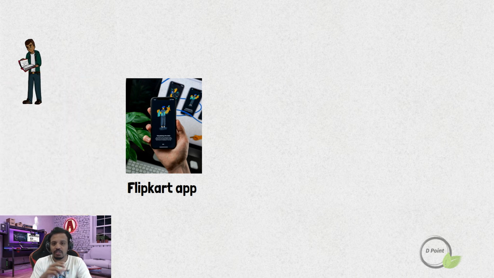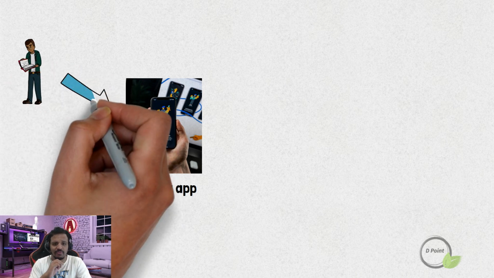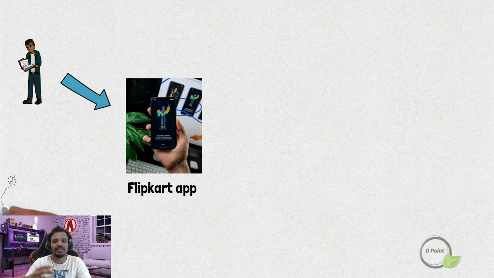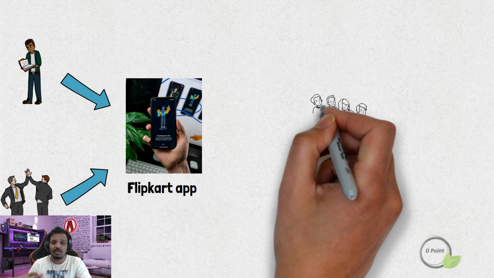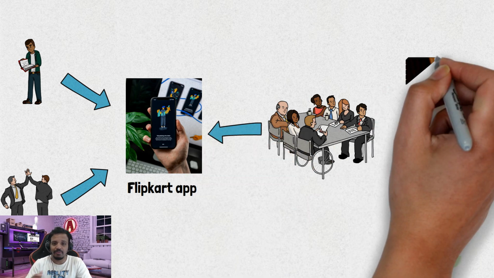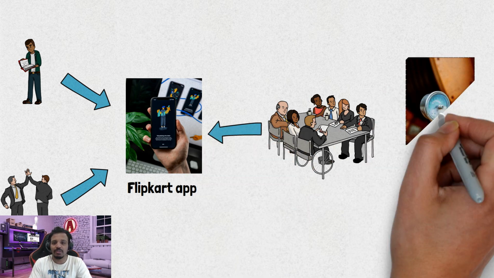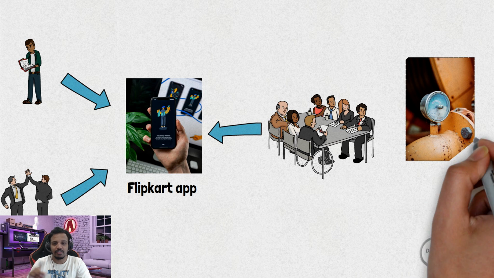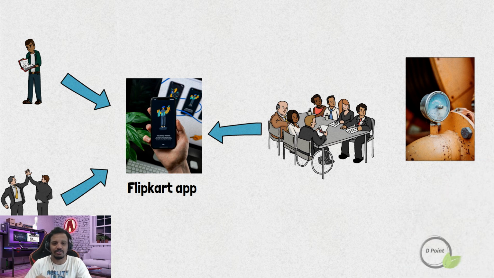Now one user is using it, the application is working perfectly fine. Two users are using it, it is perfectly fine. Similarly, more users come, and it's still fine. But now as the load is increasing, the capacity is coming to its threshold. The amount of requests coming to the server is crossing the load that this server can handle.